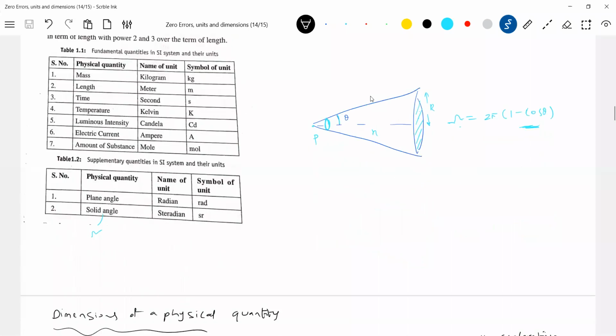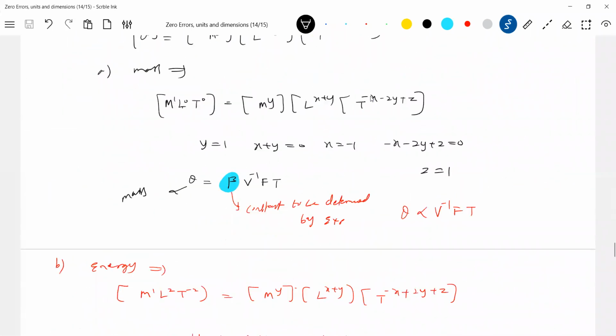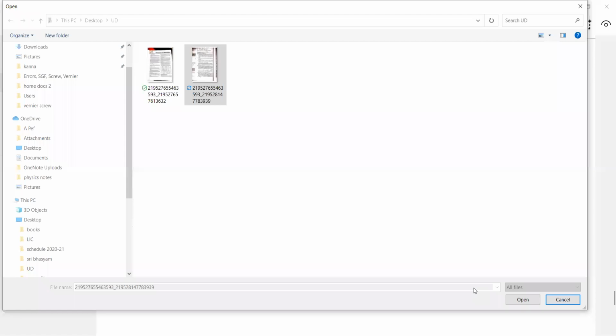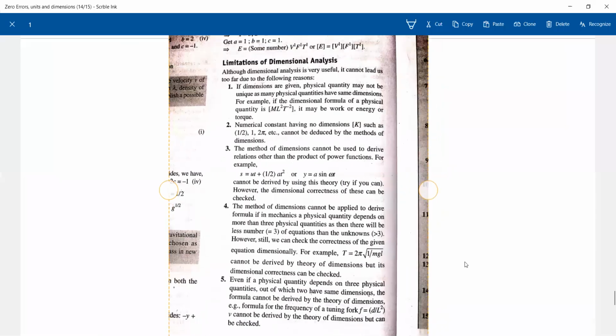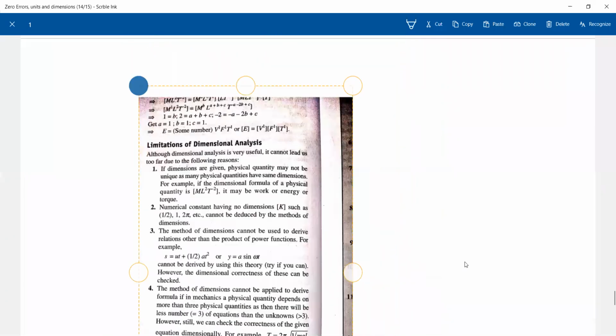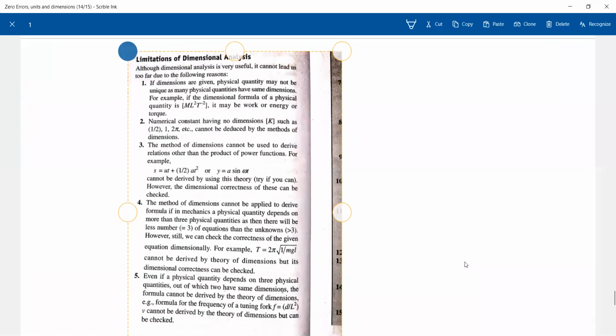Now, the last discussion is something very important. Okay, now, shall we feel happy that yes, now the dimension analysis will solve all the problems, and we can just do our research very happily?